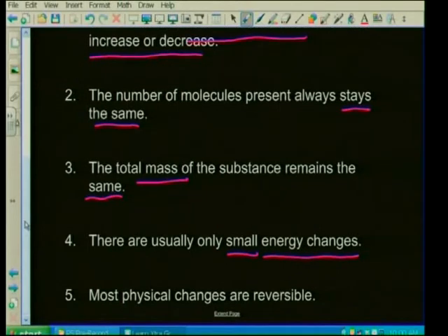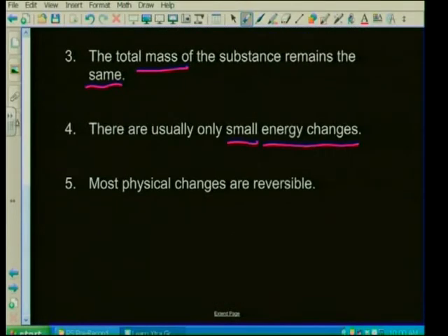The last point that I want to make here is that most physical changes are reversible. We've tried to illustrate that by giving the names, but we've also seen it. When we melted the wax, we saw the solid changing to liquid, and then when it touched the piece of filter paper, it changed back to being a solid. So we can change them one way or the other.